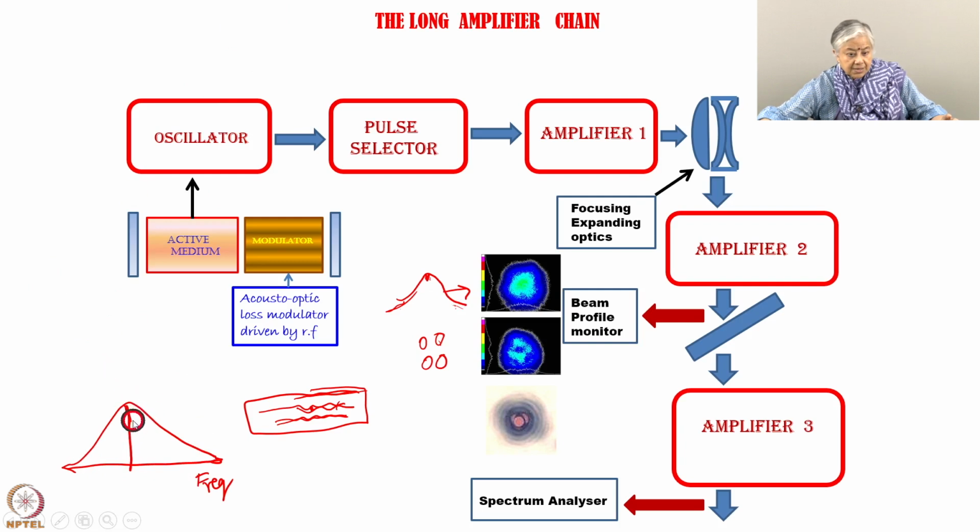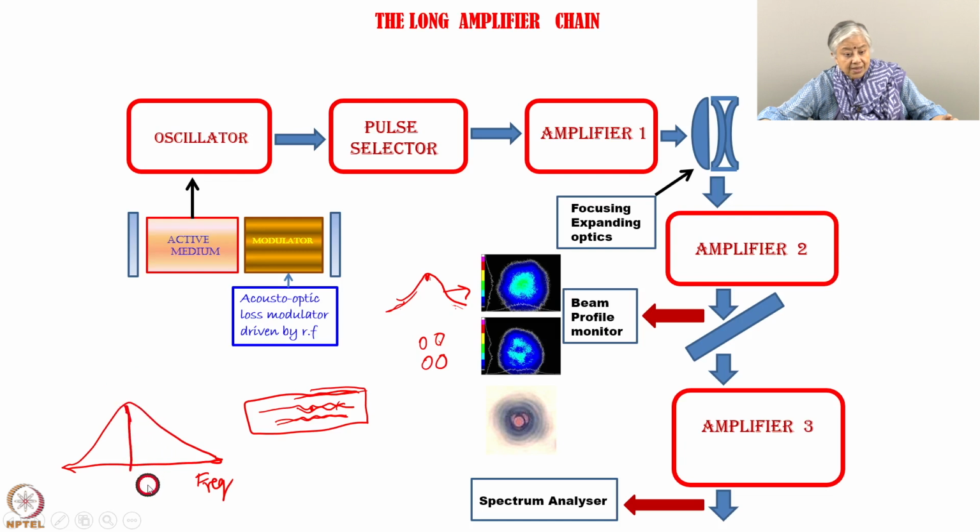The input seed pulse has taken out the gain at the center. While the other parts of it, when there is a hole here, they replenish this hole, all that population can go in here, and then you can extract at the central line itself.